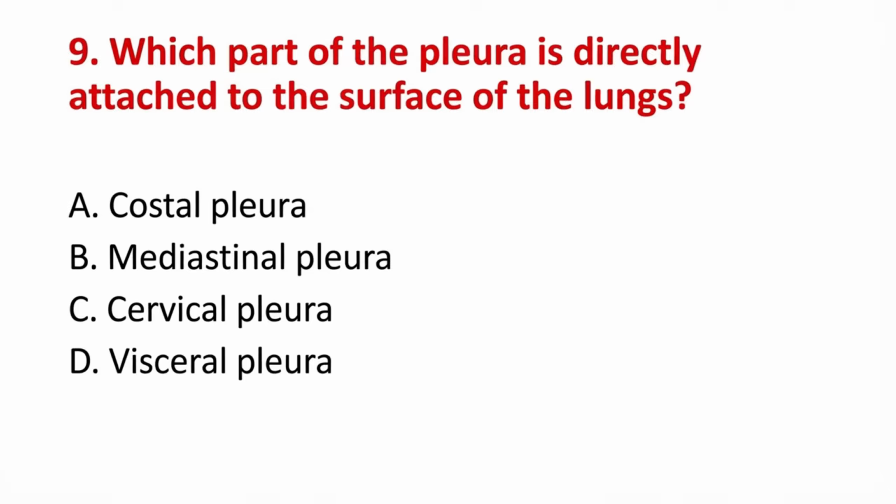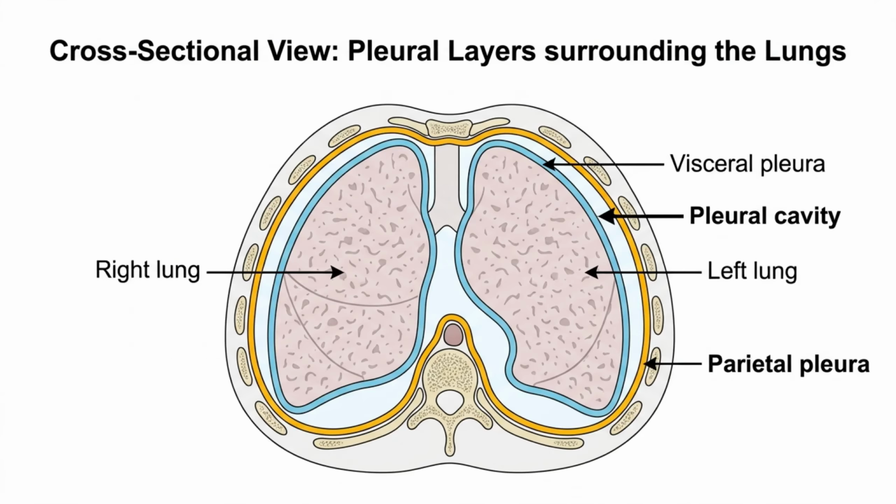Okay, the correct answer is D. Visceral pleura. The pleura is a double-layered surface membrane that surrounds each lung. Looking at the diagram, the visceral pleura is the thin layer that is firmly attached to the surface of the lungs, following every fissure.